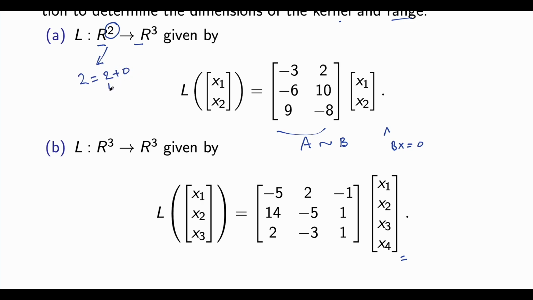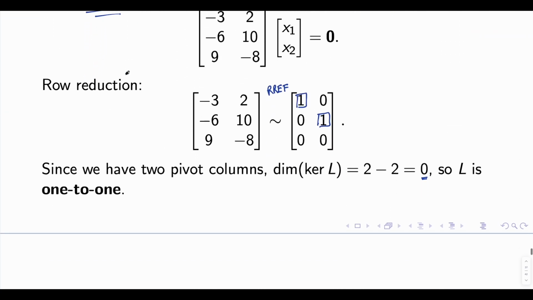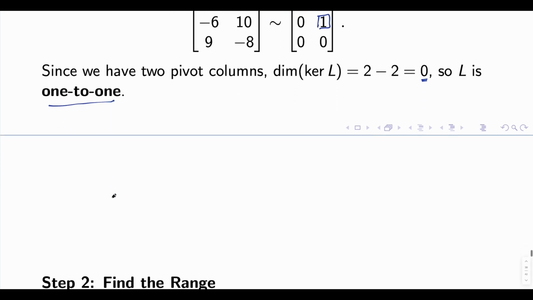So all the dimension was in the range, not in the kernel. And we know L is 1 to 1 if and only if the kernel contains only the 0 vector. So L is 1 to 1.